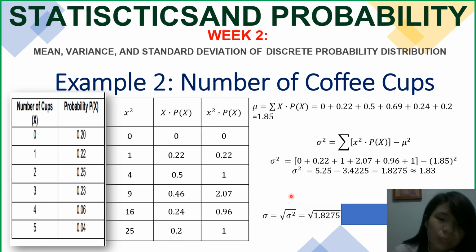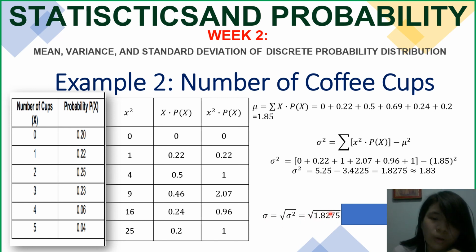So, lastly, we get the standard deviation with the formula of the square root of variance. Before yung approximation answer natin, that is 1.8275, yun yung in-square root natin to get the exact answer in standard deviation.